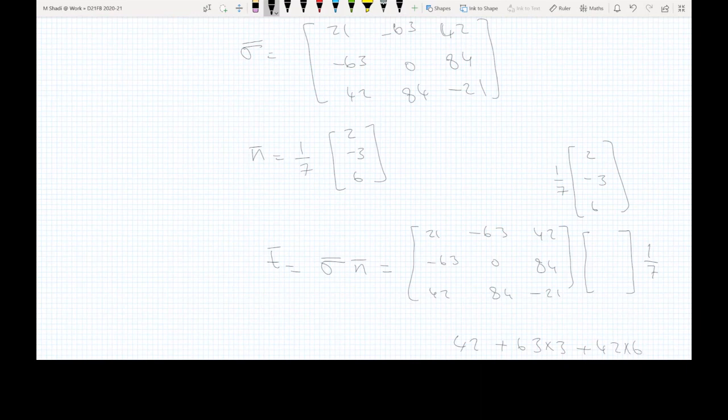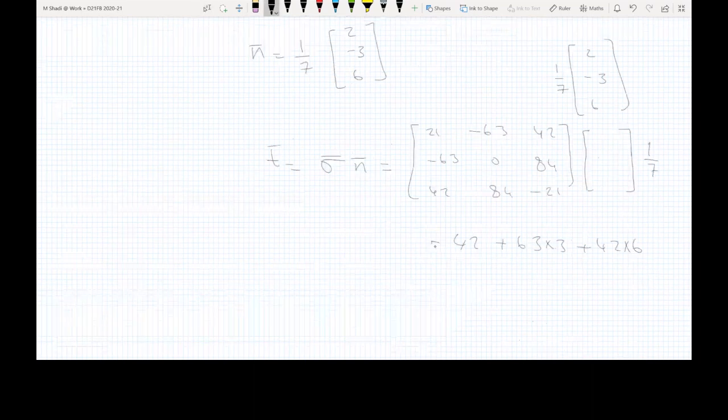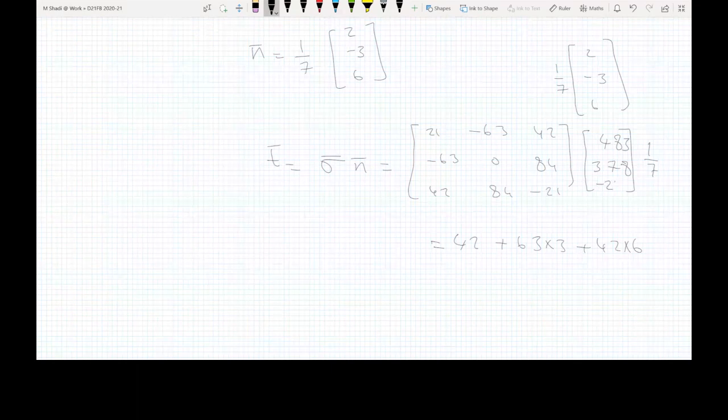Can someone give me the answer for that? So basically, 42 added to 63 multiplied with 3 added to 42 multiplied with 6. It's 483, 378, 294. All right, so this is the vector T.